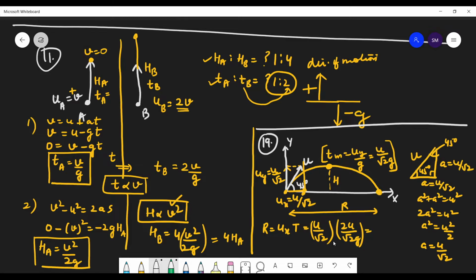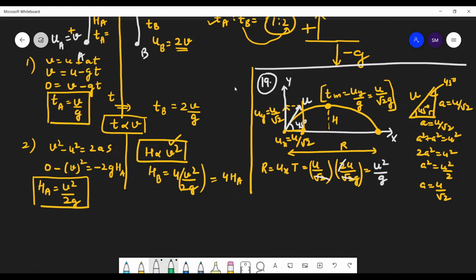Root 2 into root 2 is 2. Yes. So 2 cancels. So you get u square by g. So that's your range. Now what will be your height, students?